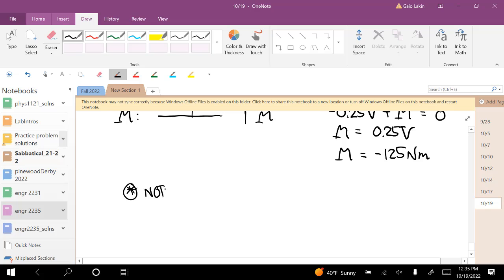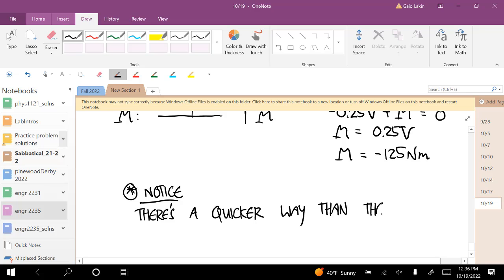So notice, there's a quicker way than the table for horizontal beams like this one.